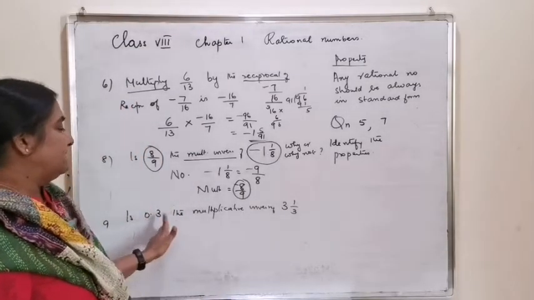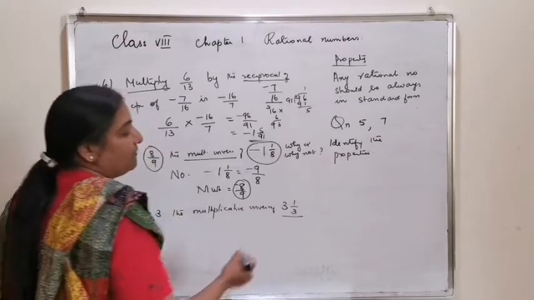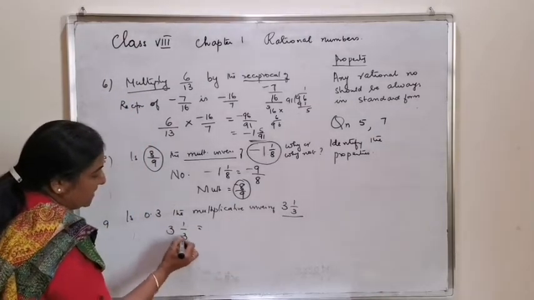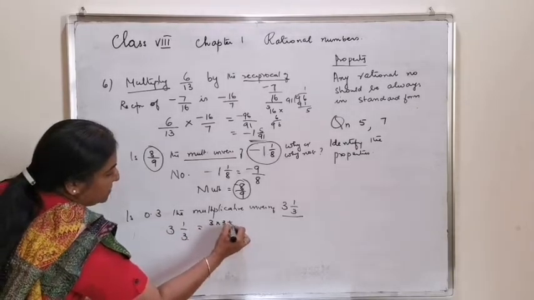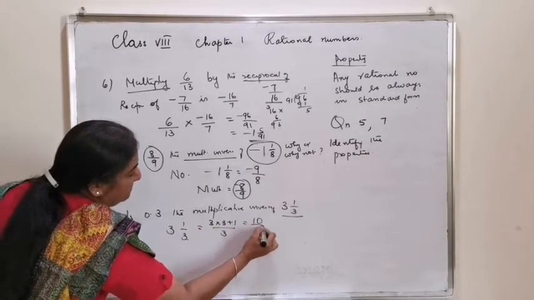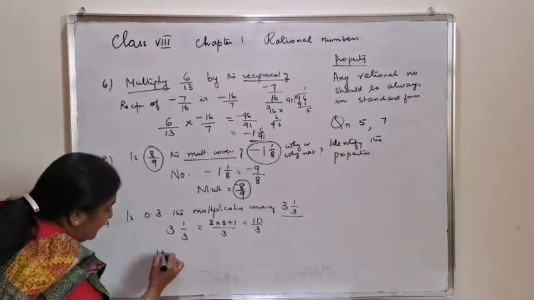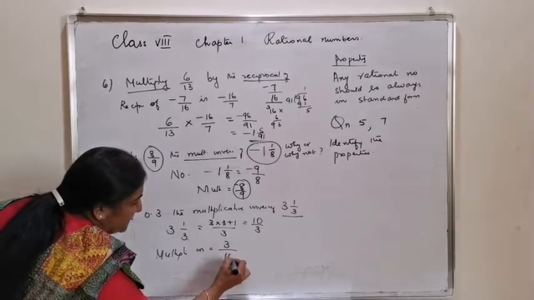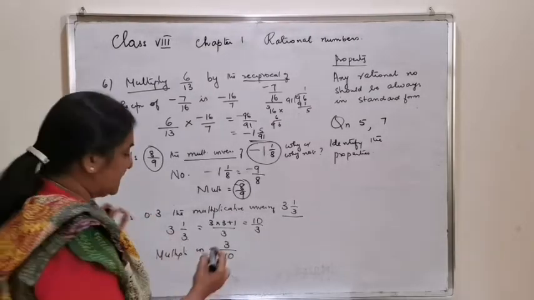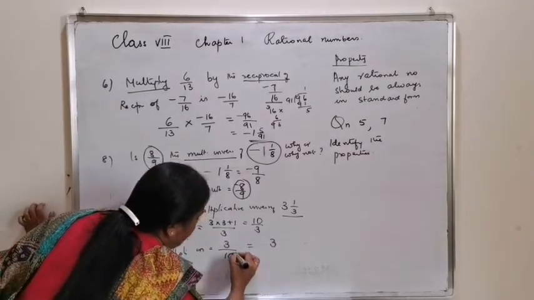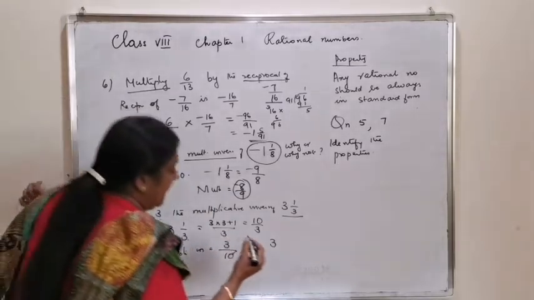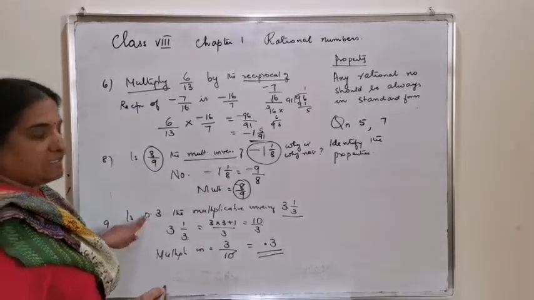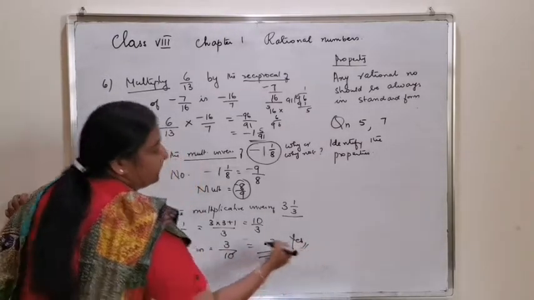Next is 0.3, the multiplicative inverse of 3 and 1 by 3. 3 and 1 by 3 is the same as 3 into 3 plus 1 by 3, 10 by 3. The multiplicative inverse is 3 by 10. How do you express it as a decimal? Since there is only one place, you will put the decimal as 0.3. So the answer is yes.